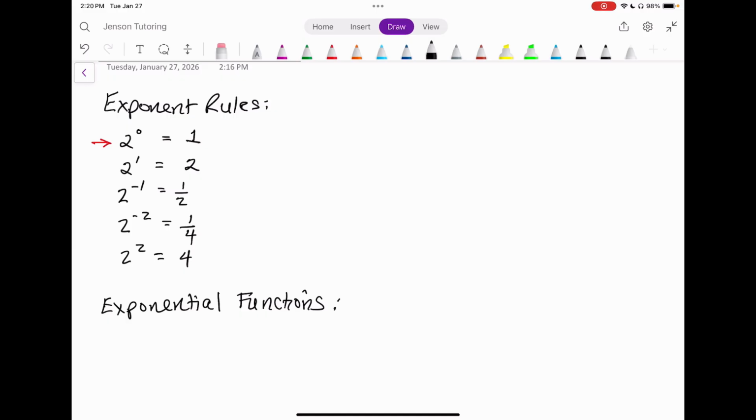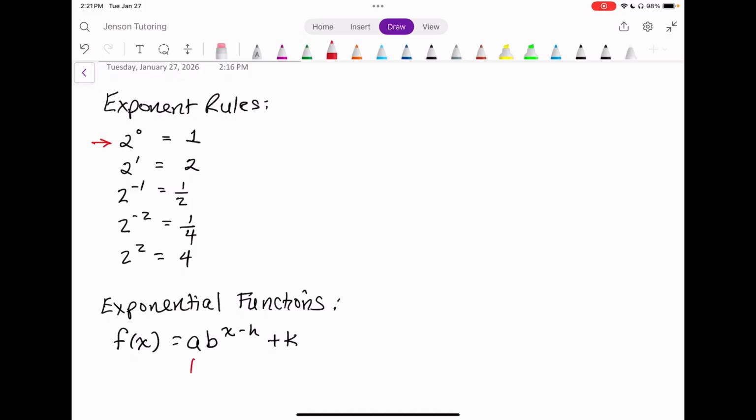The format of an exponential function is a times b, which is the base, raised to your variable x minus h, that's your horizontal shift, and then plus k, that's your vertical shift.